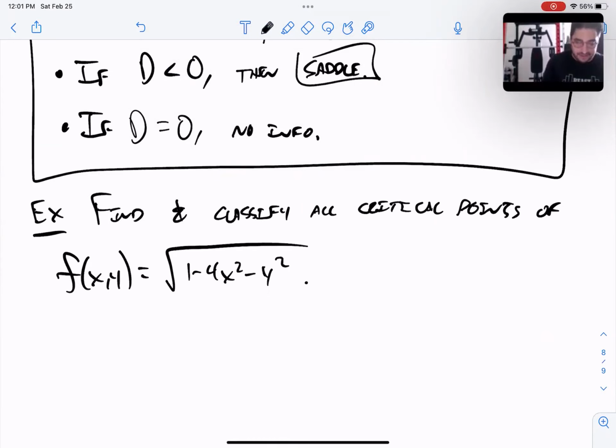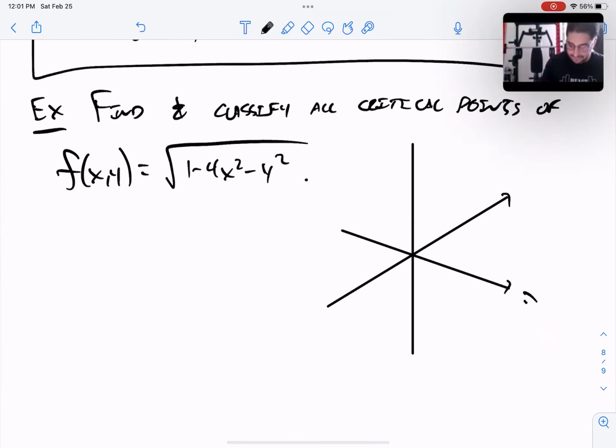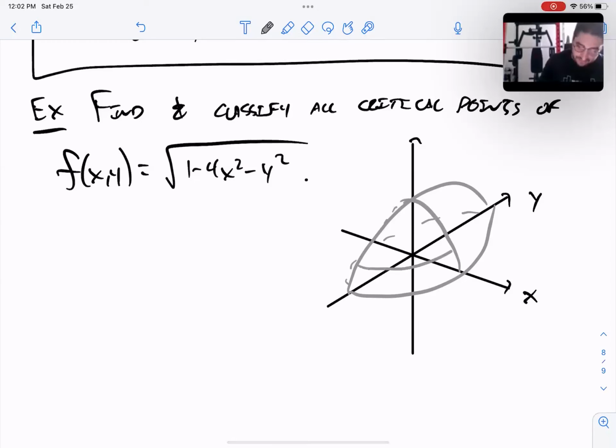Now this is a surface that we drew the graph of in the previous 2 videos actually. What did it look like? It looked like this little half ellipsoid. So if you have a really good sense of the graph, you can kind of see what's going on.